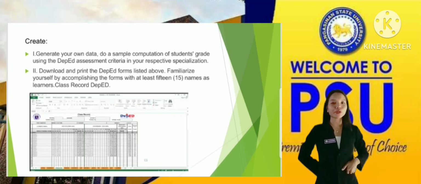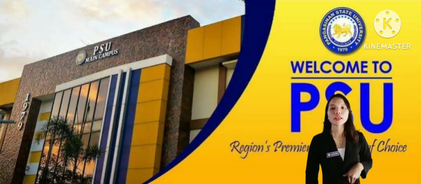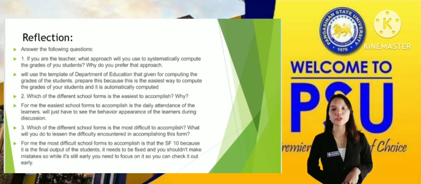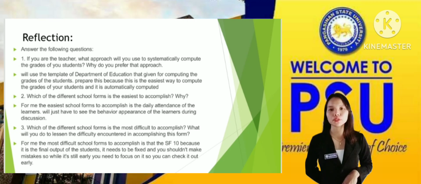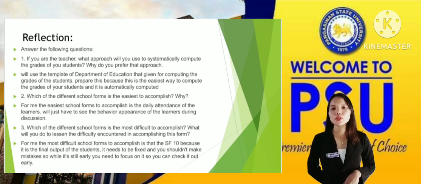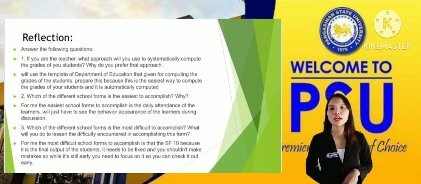Now we are going to create an e-class record. Reflection: answer the following questions. Number 1: If you are a teacher, what approach will you use to systematically compute the grades of your students? Why do you prefer that approach? We will use the template of the Department of Education for computing the grades of students. I prefer this because it is the easiest way to compute the grades of your students, and it is computed automatically.